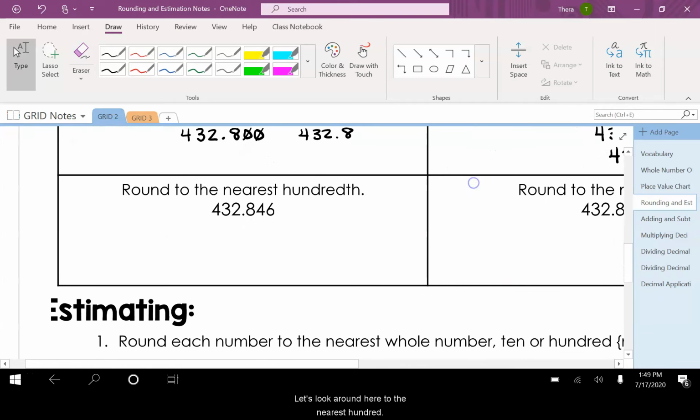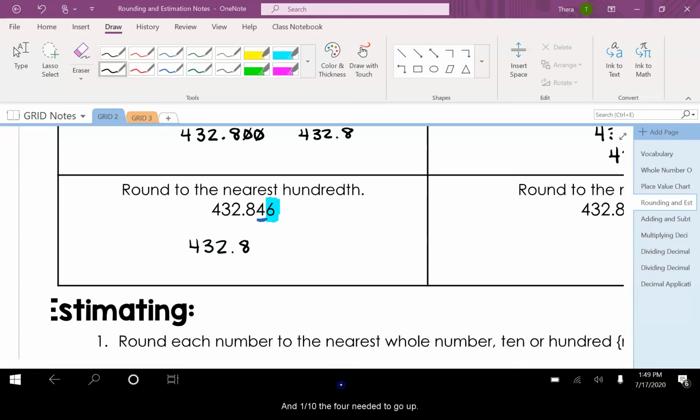Let's look around here to the nearest hundredth. Our hundredth place is this 4. We highlight or circle the digit to the right, and that 6 tells us that the 4 needs to go up. So we write out everything to the left, 432 and 8 tenths.